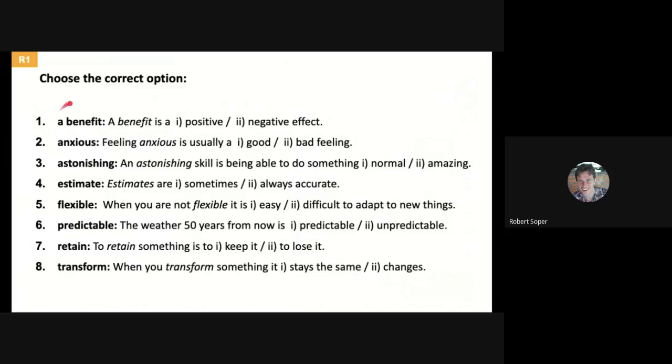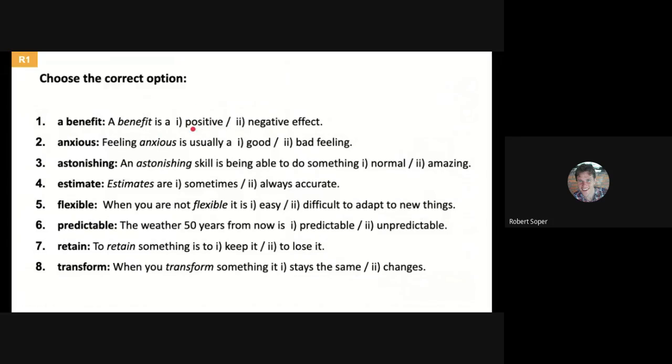So you have to think about what the word benefit means, and then decide whether it is a positive effect or a negative effect. Hopefully you realize that a benefit is a positive effect. So the answer here was number one, positive effect. And remember, a benefit is something that's advantageous, so that's a positive thing. It gives us an advantage.